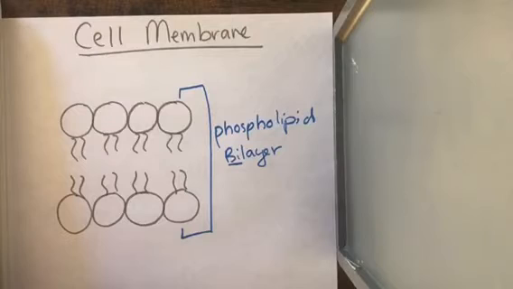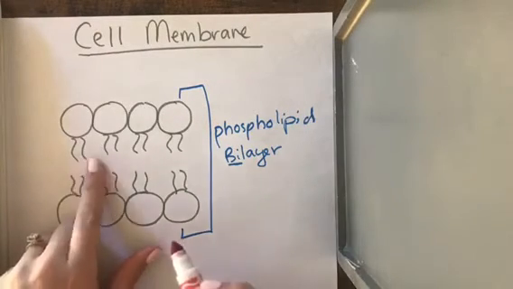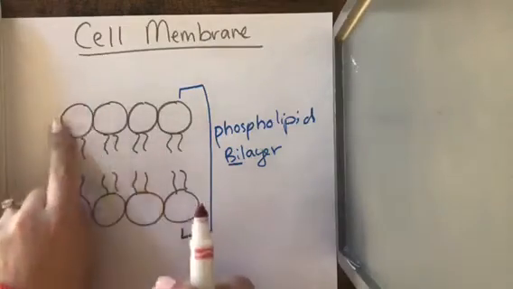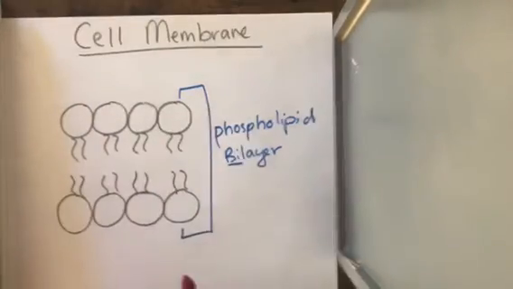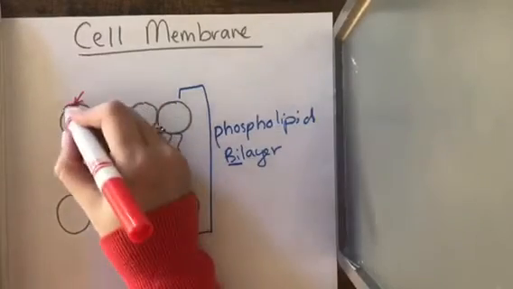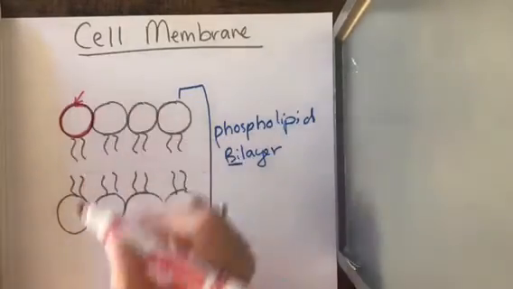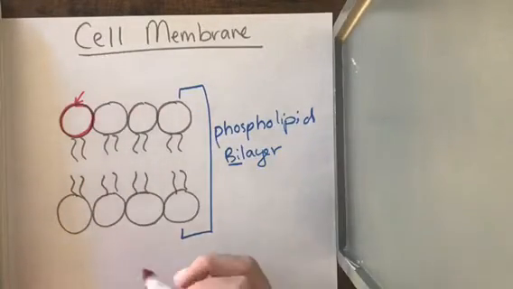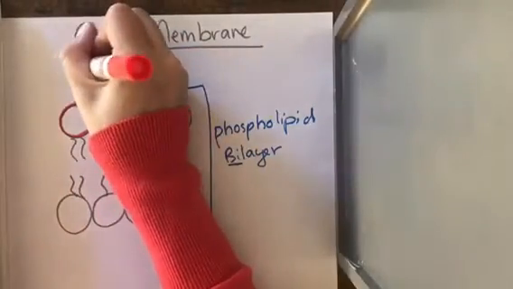So we already said the cell membrane is made up of a phospholipid bilayer, right? And you can see if we take a look at one phospholipid, so just the head and these 2 tails, this head right here, this is what we call hydrophilic.